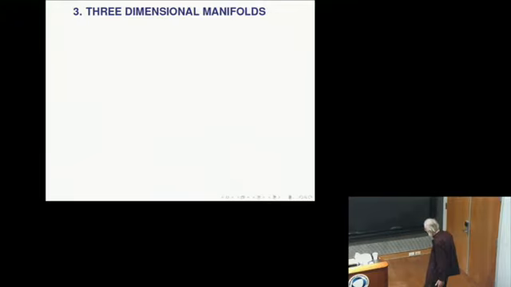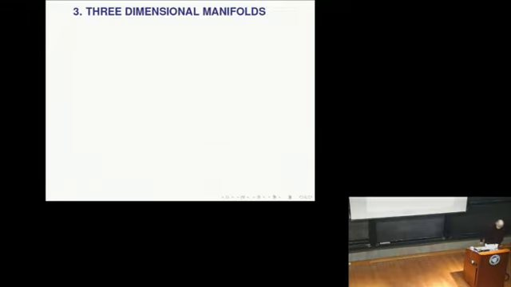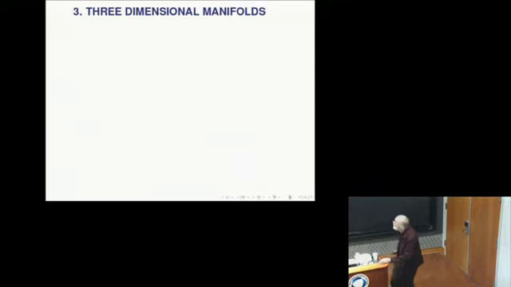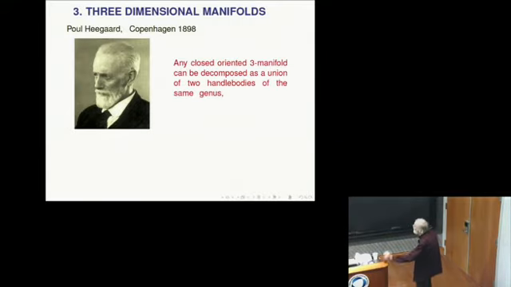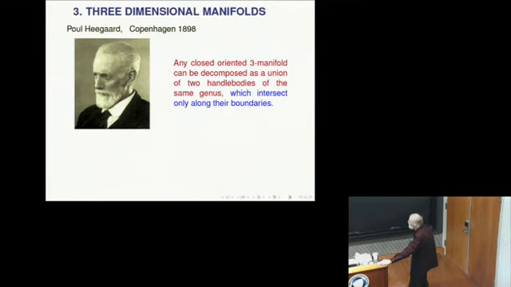Okay, I'm going to stop there in the discussion of two-dimensional manifolds and go on to dimension 3. So the first contribution was by Heegaard, just before the turn of the century. He showed that any closed oriented three-manifold can be decomposed as a union of two handlebodies of the same genus, which intersect only along their boundaries.